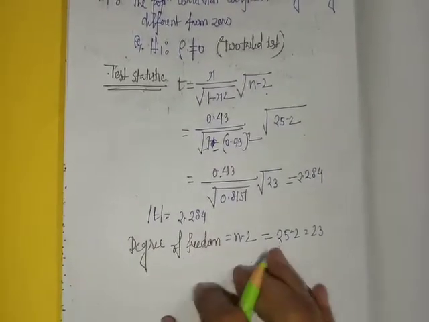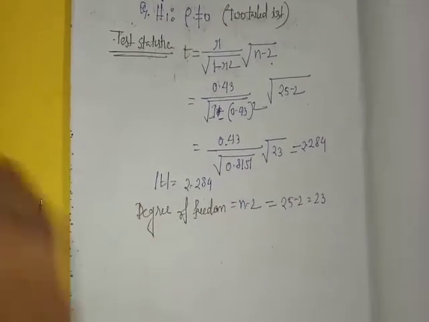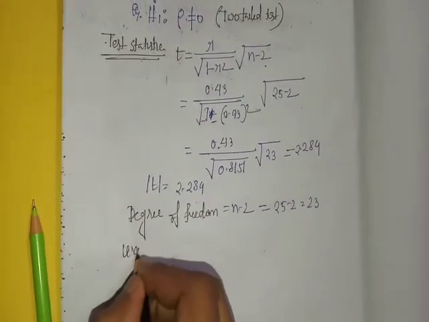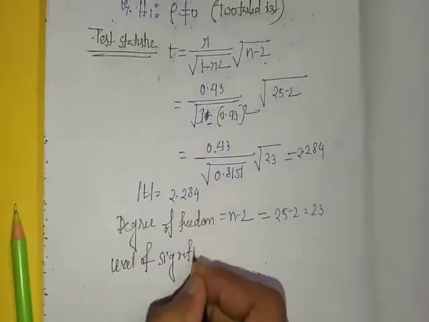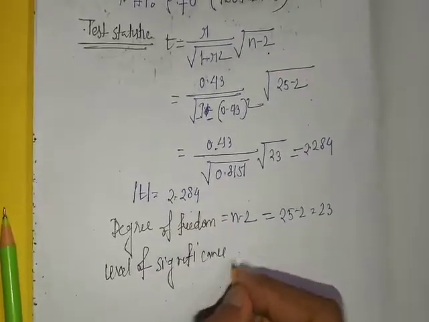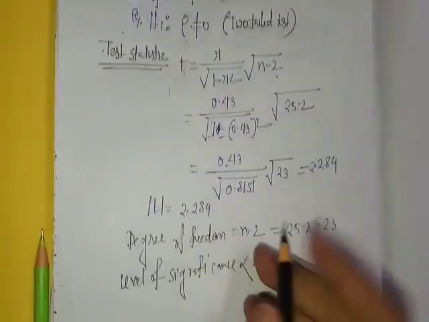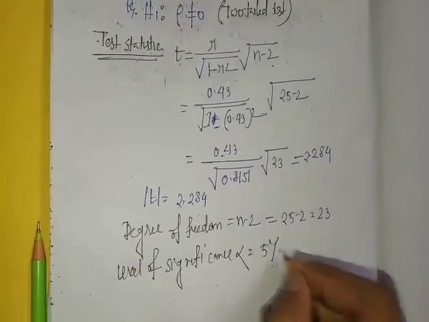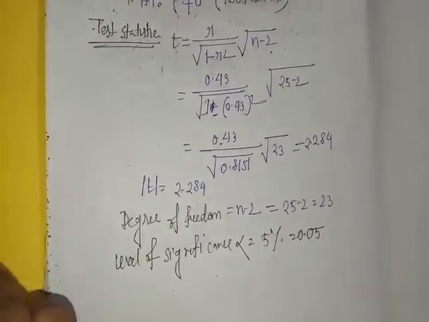So the degrees of freedom is 23. Level of significance: it is given that the level of significance is 5%, so alpha equal to 5%, that is 0.05. Next, the tabulated value.